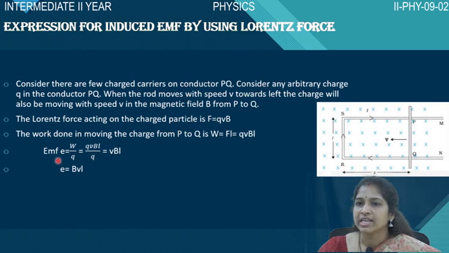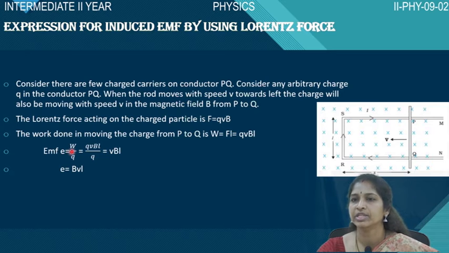Then what is EMF? EMF E is W by Q. We know electric potential is work per unit positive charge. Here EMF is acting like a voltage. So EMF E equals W by Q. This is the expression for EMF, and we know what work is. So substitute this equation in this equation.